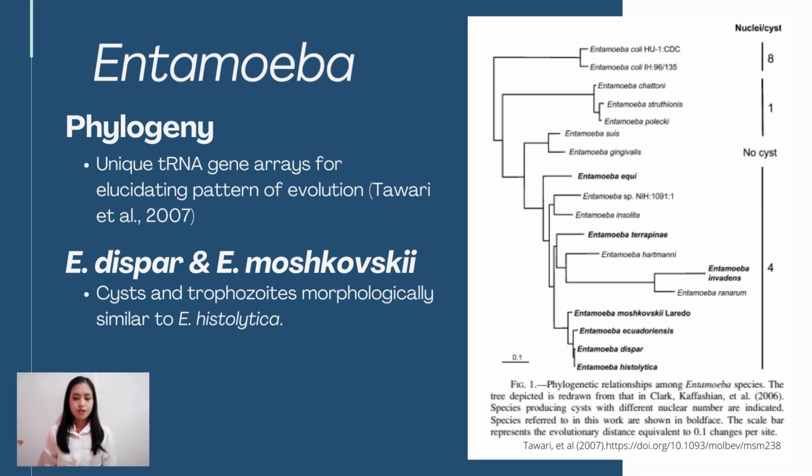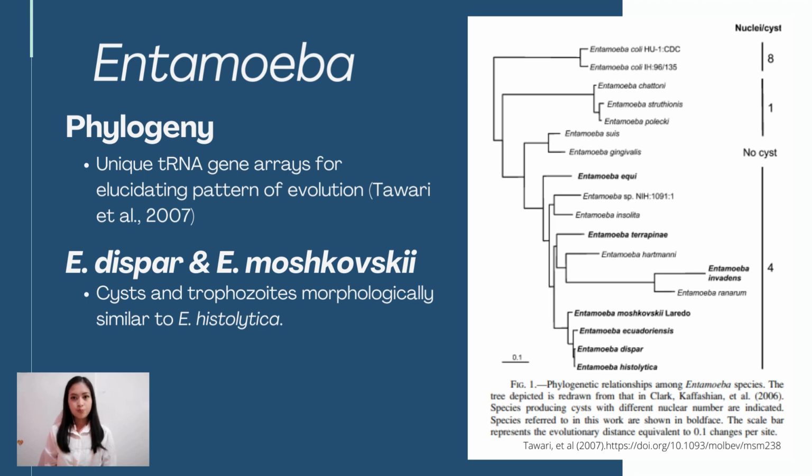Another species from the genus Entamoeba that can be observed from the figure is Entamoeba moshkovskii, and this is also morphologically identical to Entamoeba histolytica, especially in the appearance of their cysts and trophozoites. This often makes diagnosis between these two species difficult.